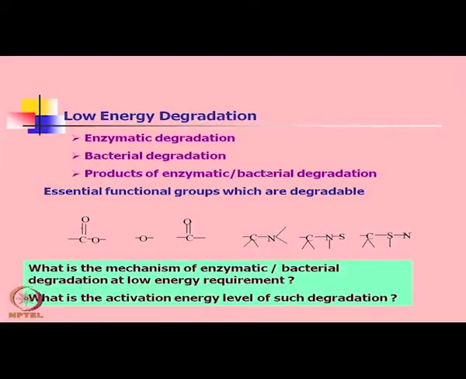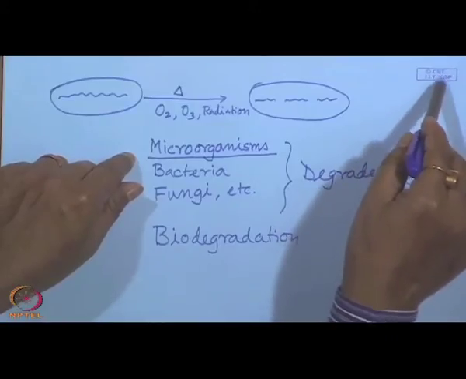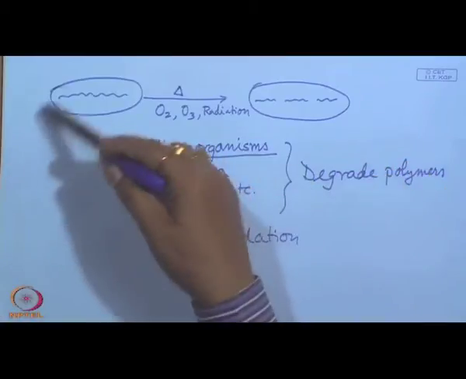What happens during microbial degradation? Microbes approach the surfaces of such plastic products and they will sit on the surface of those polymeric products, provided the surface energy of those plastic products is suitable to them.